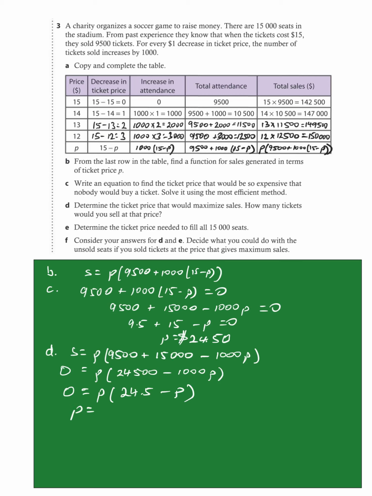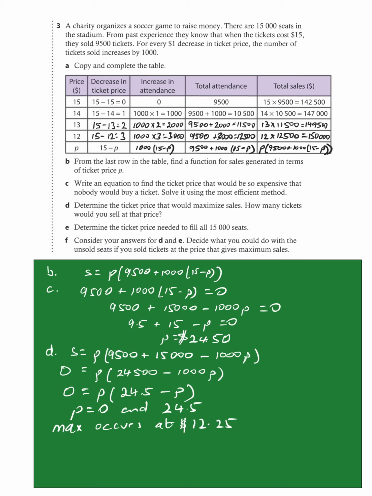The roots are p equals 0 and 24.5. So the vertex lies between that. So that means the maximum occurs at 12.25. Okay, so we've got 12.25, that's dollars.